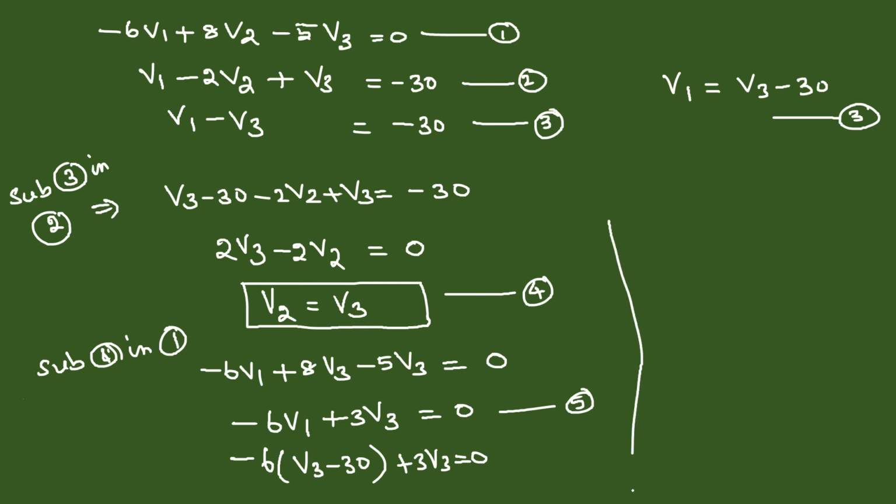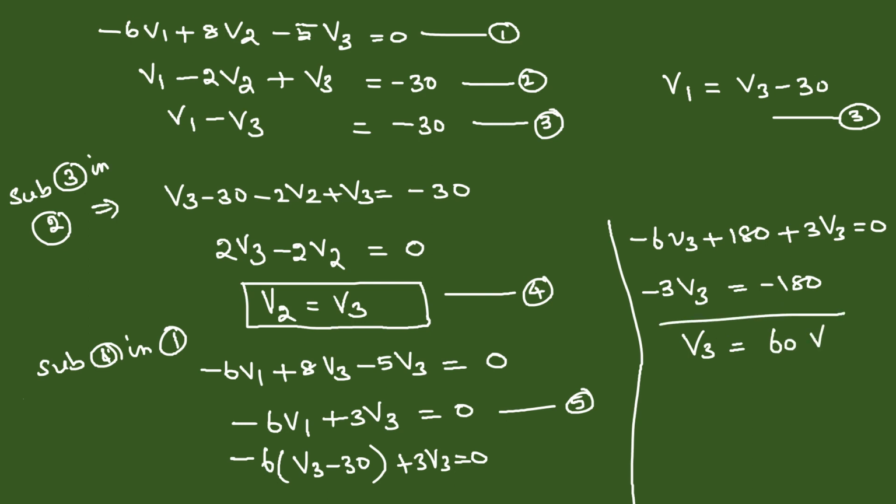So it is minus 6V3 plus 180 plus 3V3 equal to 0. So 3V3 is equal to 180, or V3 is equal to 60 volt. So we got one answer.